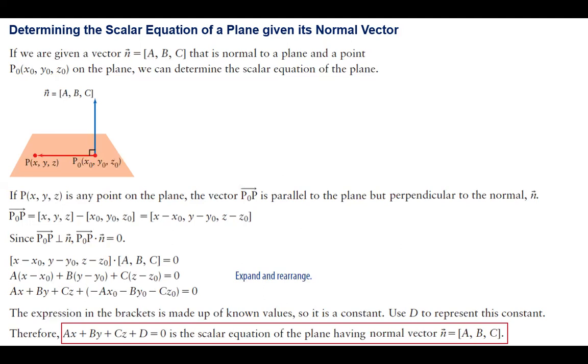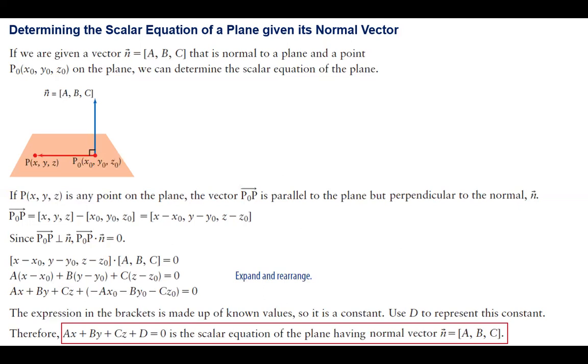And then we can expand and rearrange the terms on the left. That gives us Ax plus By plus Cz plus negative Ax naught minus By naught minus Cz naught equals 0. So the expression in the brackets is made up of known values. So it is a constant, right? You see that?